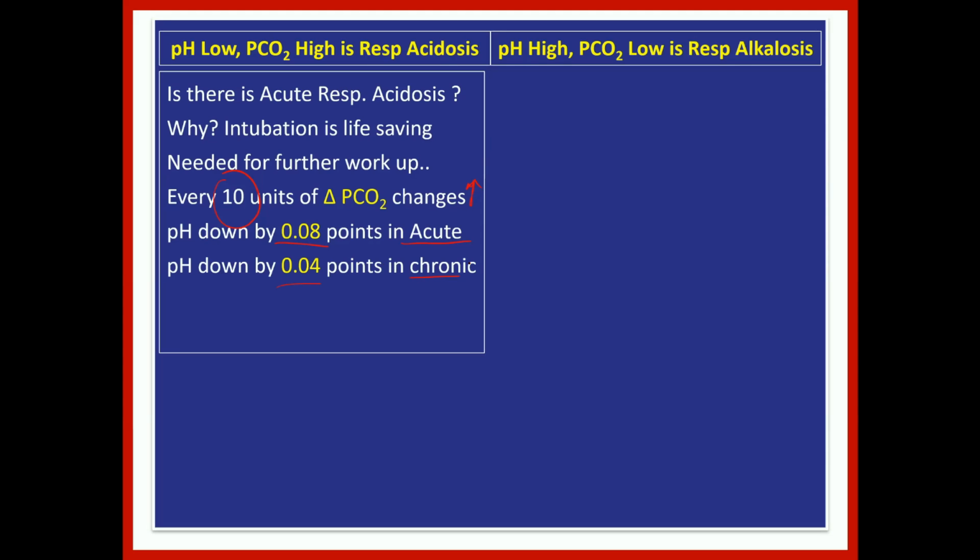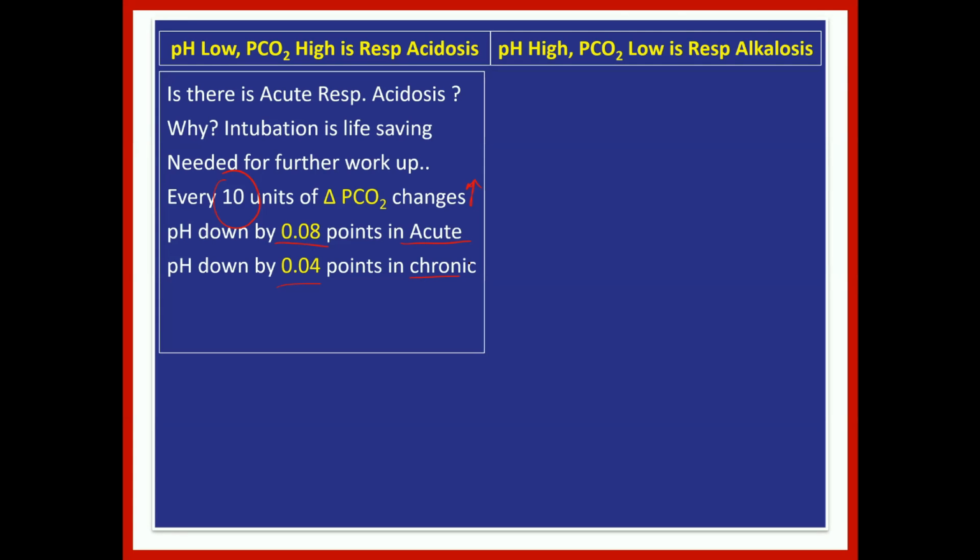Why? In acute, the pH drop is much greater because the time given is not that much, so the pH has not come to the normal value. It is 0.08 units lower.